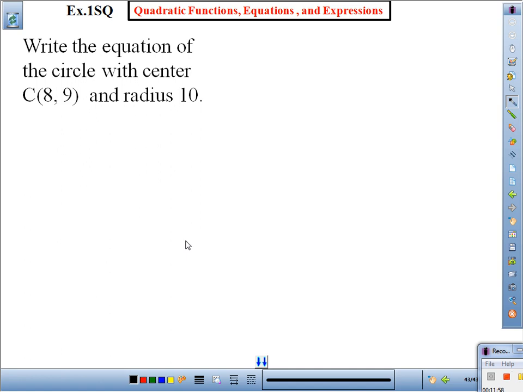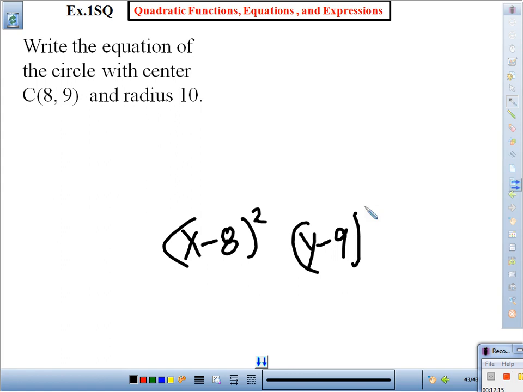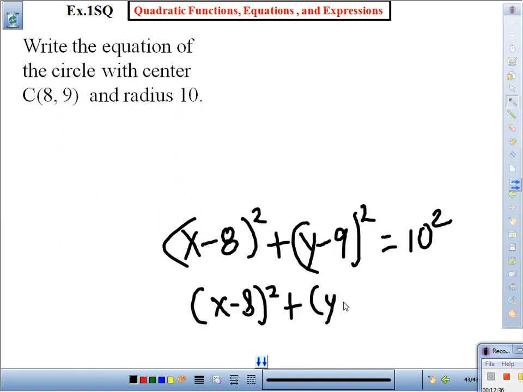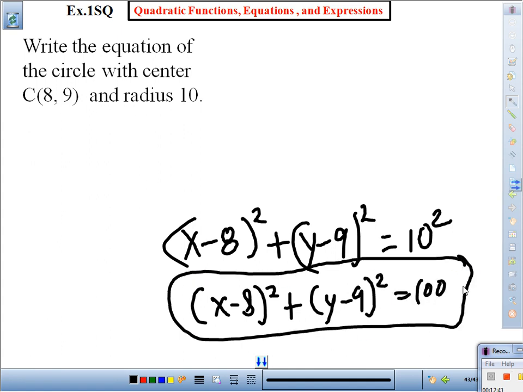Jake, go. Equals what? Hands, have you got that? Close. What's he missing? The plus and squaring it, so therefore x minus 8 squared plus y minus 9 squared equals 100. Hands, have you got that? Okay, we got this, yes?